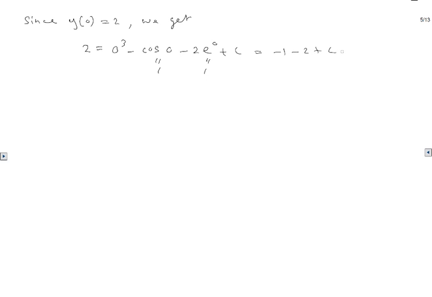Solving this, we get c equals 5. Therefore, y as a function of x equals x cubed minus cosine x minus 2e to the 2x plus 5. That's the solution to the initial value problem.